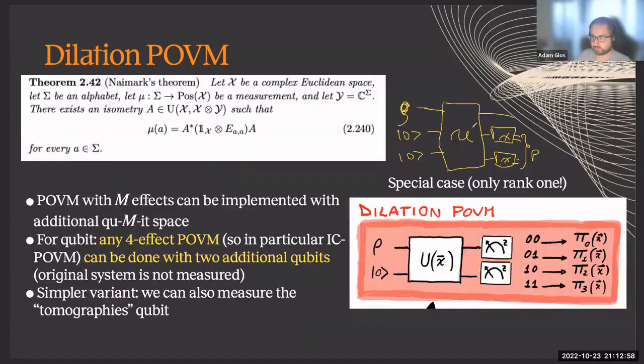You only need to appropriately choose the unitary U in this circuit. Again, this is the version for a qubit. It generalizes to more complicated cases.